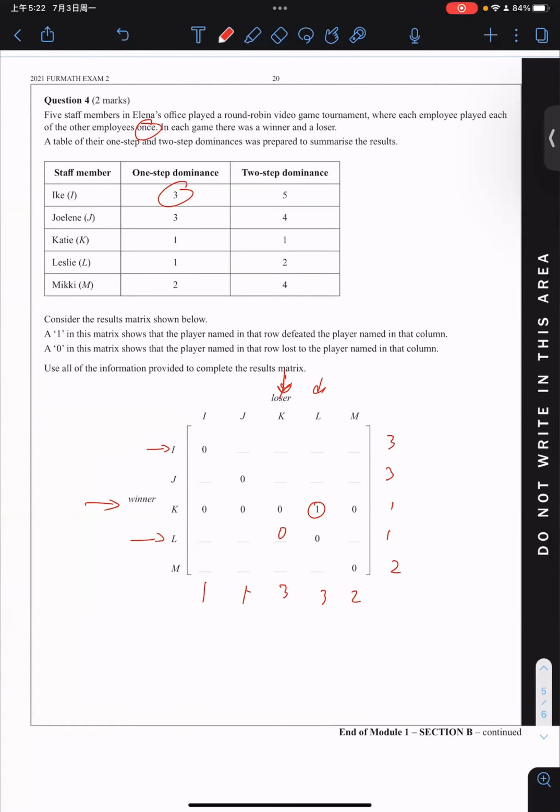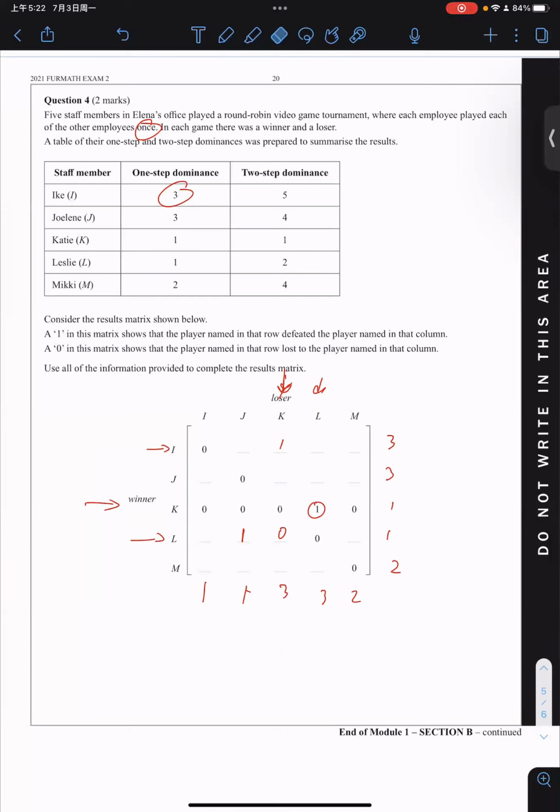You can try to work it out as much as possible because K lost to I, so I wins K. K lost to J, so J wins K. For the leading diagonal, we do not consider it, right? Because anyone cannot compete with himself, so it's all 0.